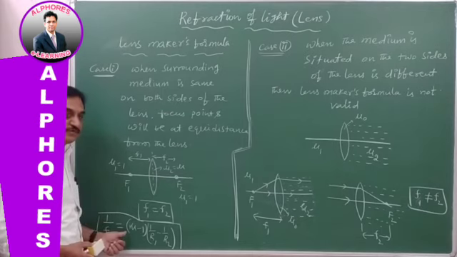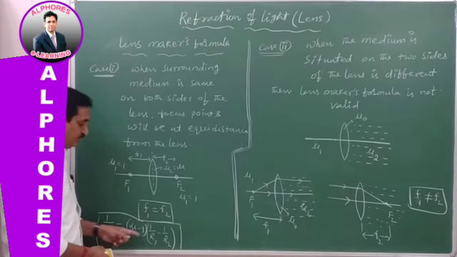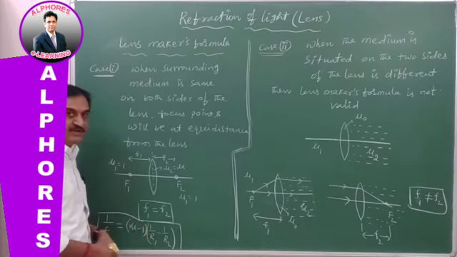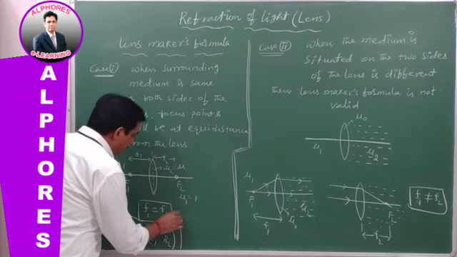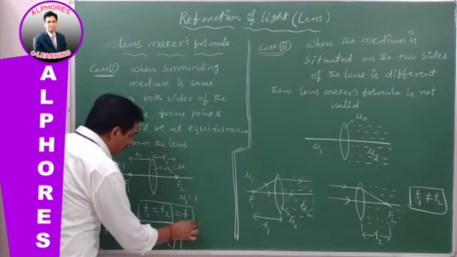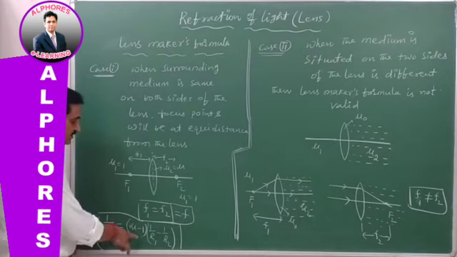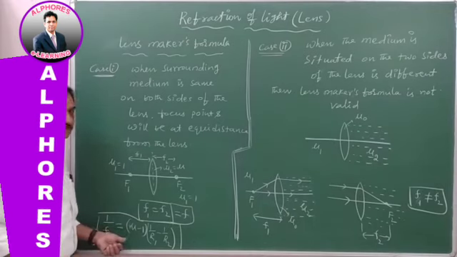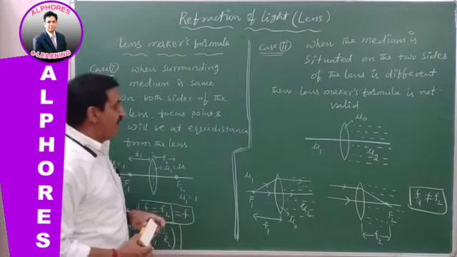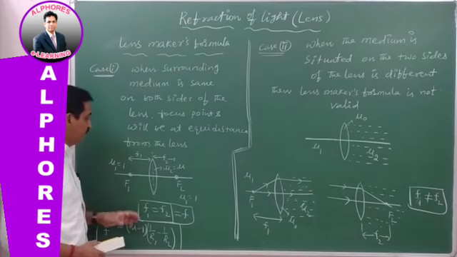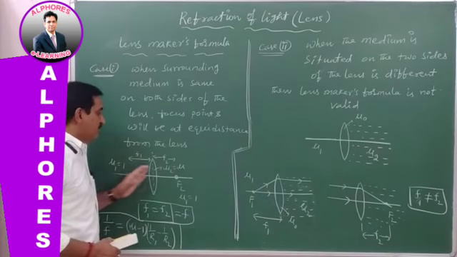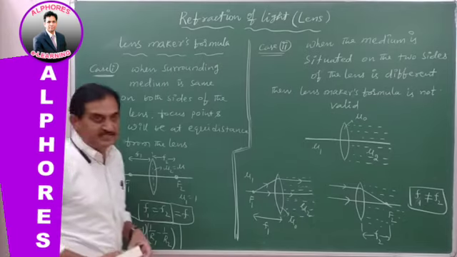Therefore the lens maker's formula is 1 by f is equal to (mu minus 1) into (1 by r1 minus 1 by r2). Here f1 is equal to f2 is equal to f. So the focal length can be found using the lens maker's formula. Okay? So it is valid only when the same medium is present on both sides.